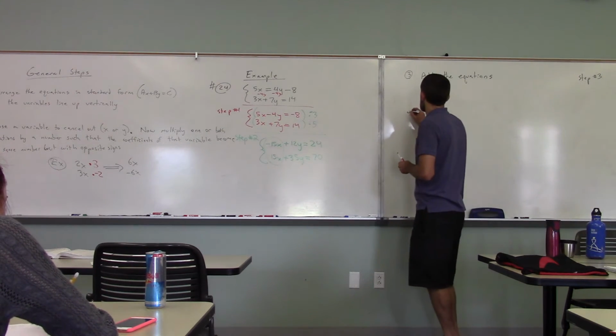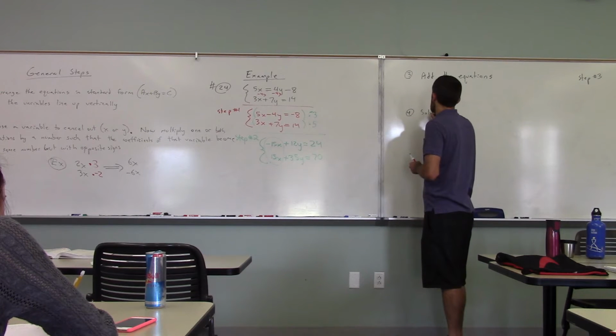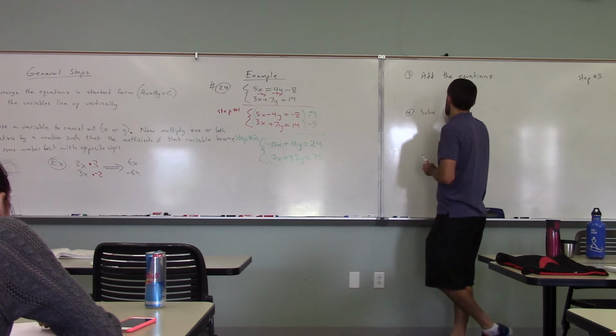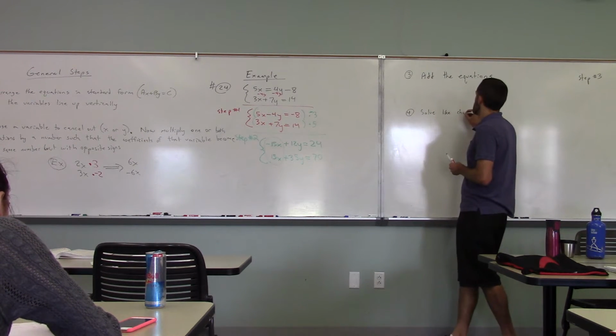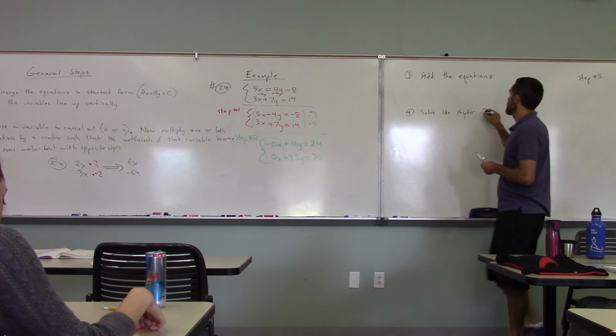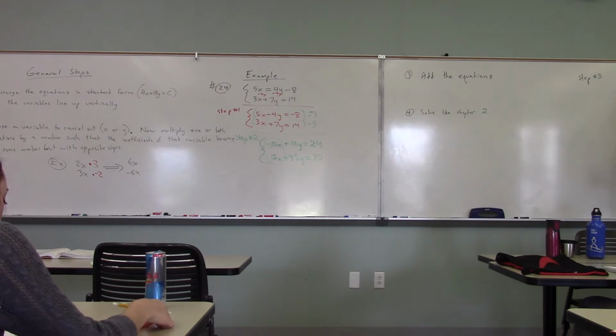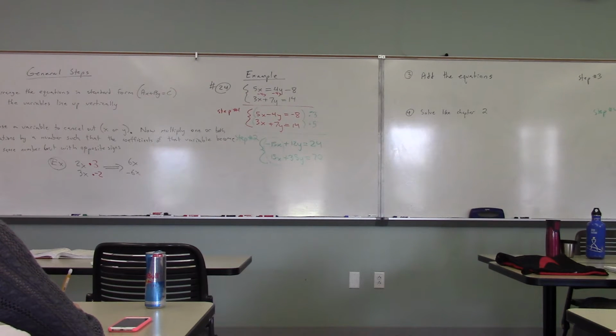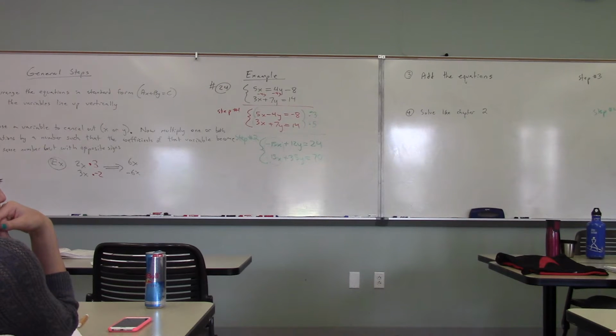Okay. Step 4 is solve. Like chapter 2, right? The bread and butter algebra, just solve like normal. So step 4, divide by 47, divide by 47, and you get y equals 2.